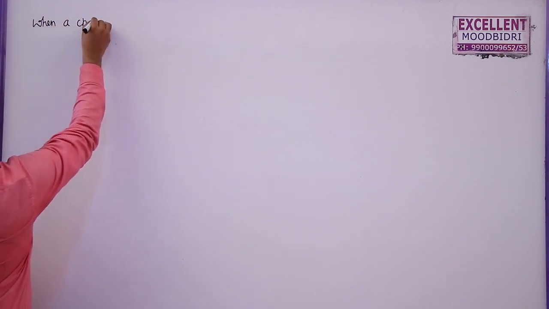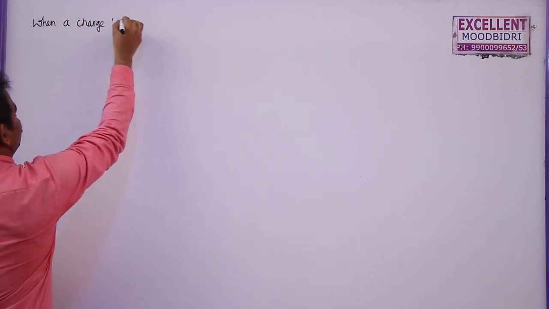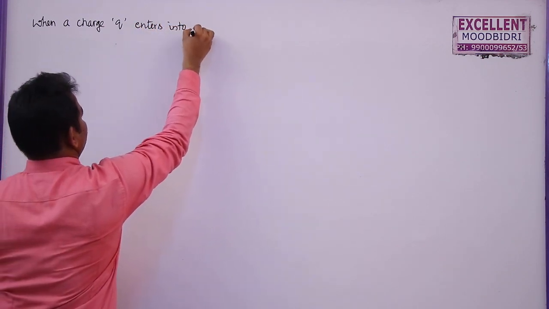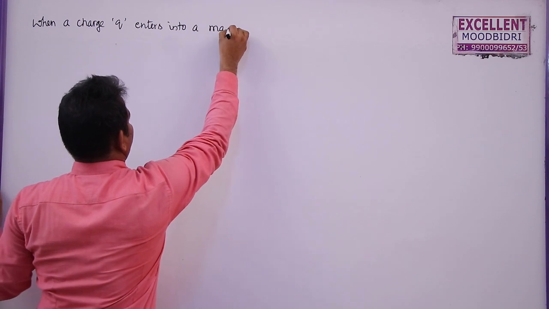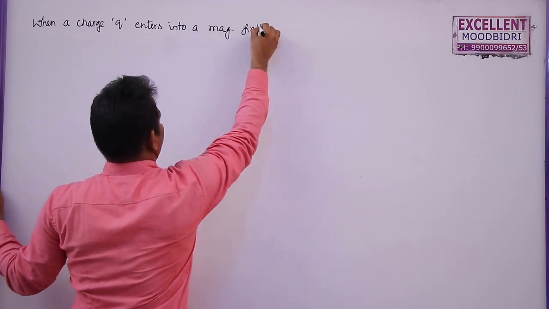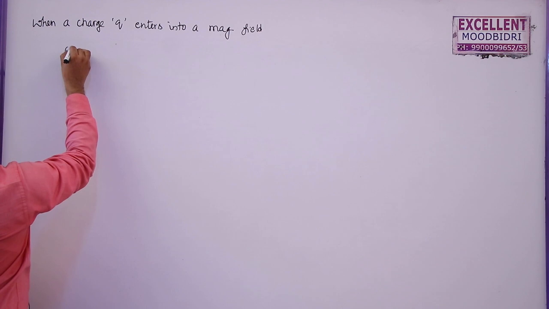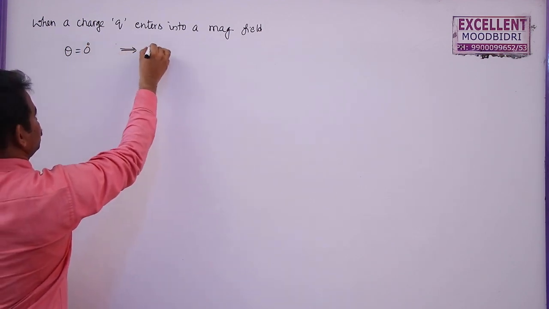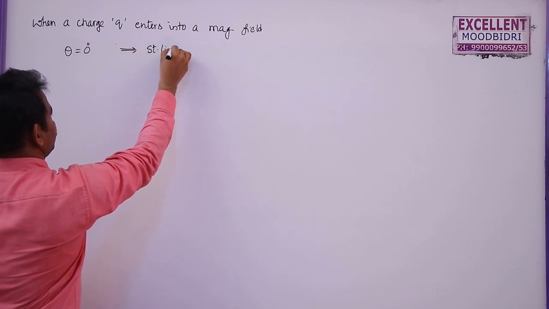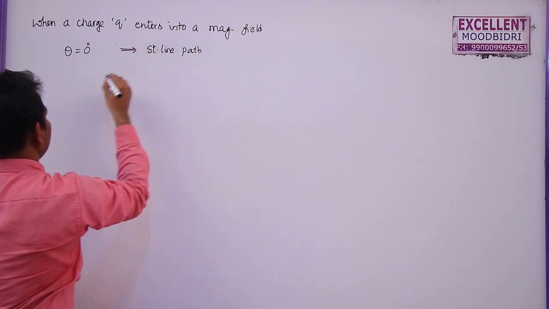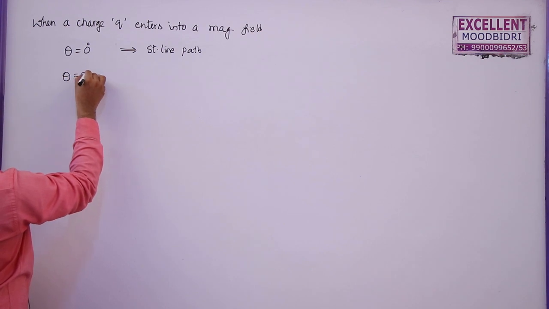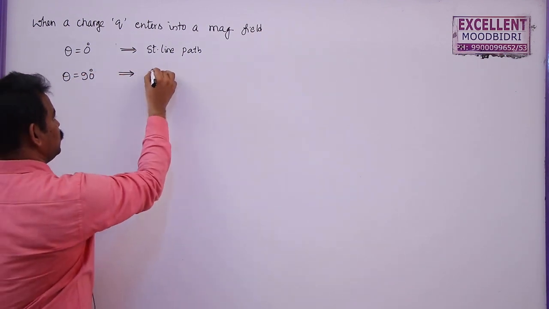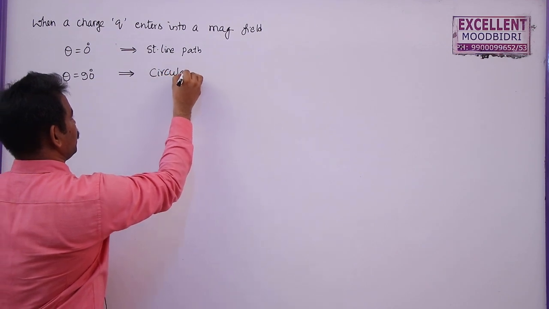When a charge q enters into a magnetic field, if theta is 0 degrees, the charge moves in a straight line path. If theta is 90 degrees, that we discussed till now, it moves in a circular path.